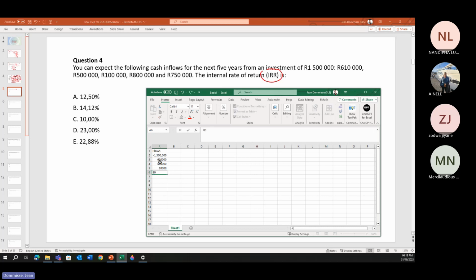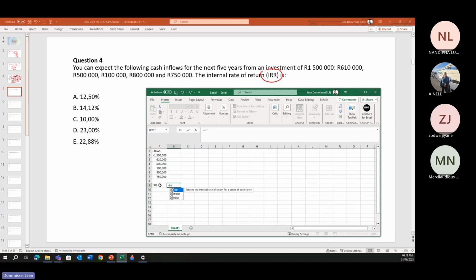We'll just make sure by formatting those cells that we have all the right numbers. So 610, 500, 100,000, 800, 750. Okay, so for internal rate of return, there is a formula for that in Excel, so it's just IRR.